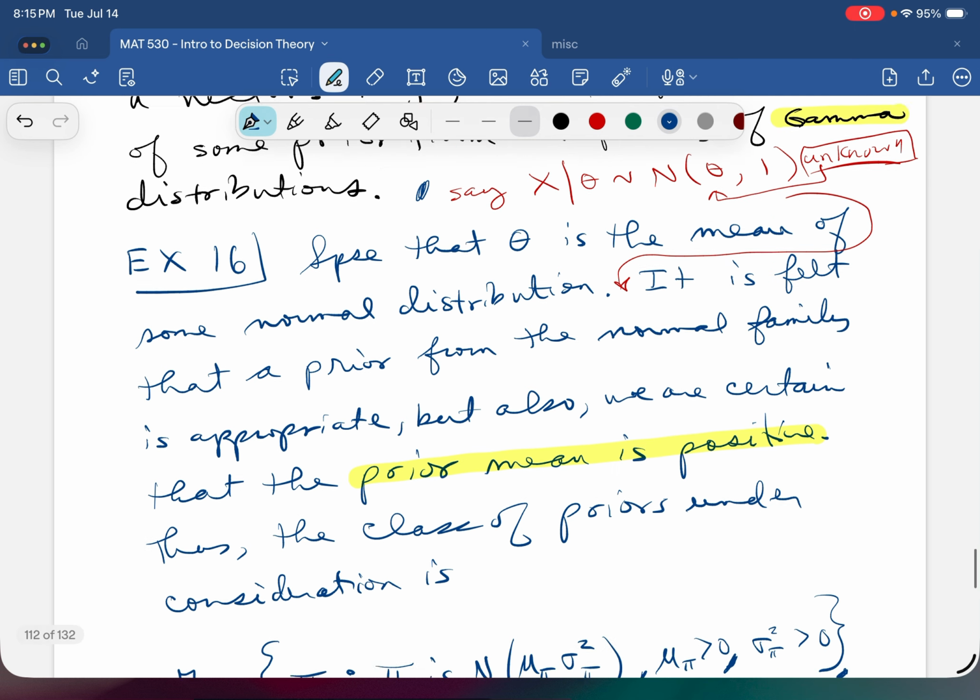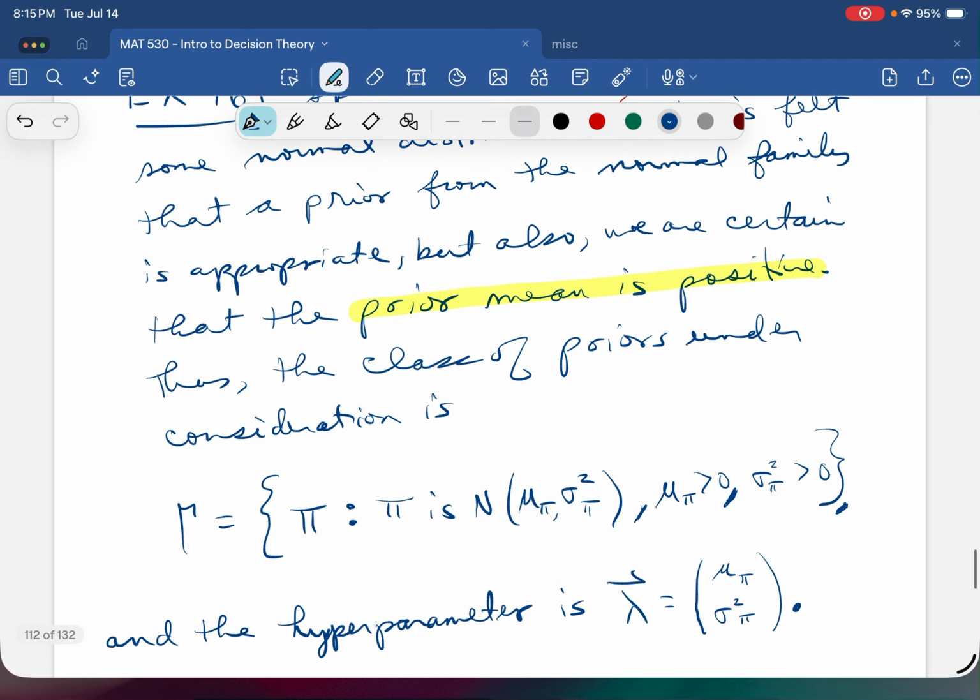So then we have the following set, capital lambda. By the way, this family we're going to refer to as capital lambda. And so we have this class of normal distributions where the mean is positive, and of course the variance is positive as well. And the hyperparameter is what we see here.